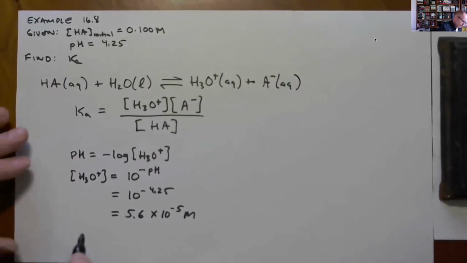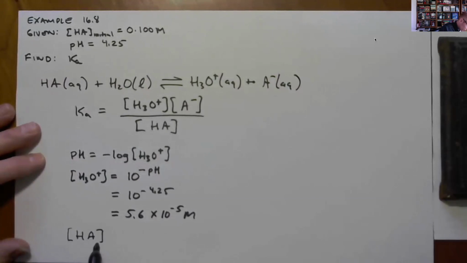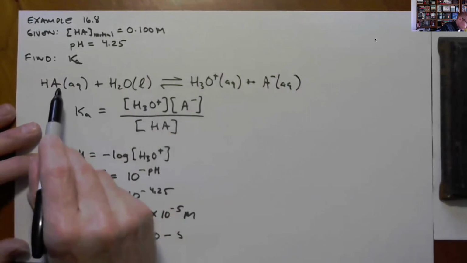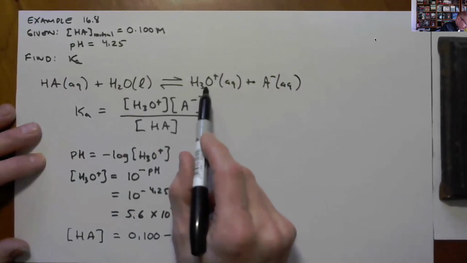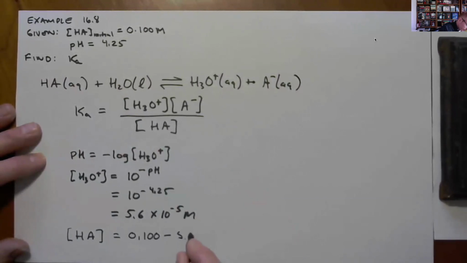What then is our concentration of HA? Well, that would be the initial, which is 0.100, minus the change. So for every X moles of HA that ionizes, we generate X moles of hydronium. Well, we know what those X moles of hydronium are, 5.6 times 10 to the minus 5 molar. That's going to wind up equaling that.